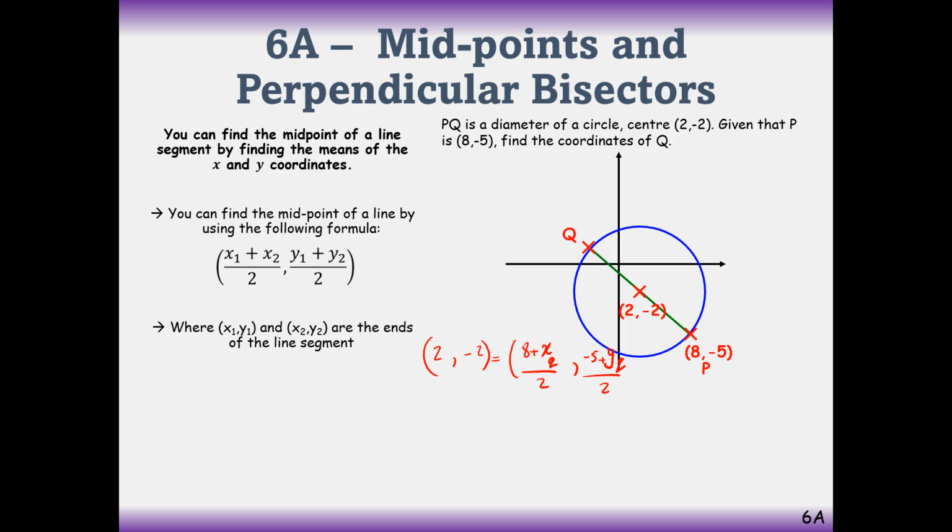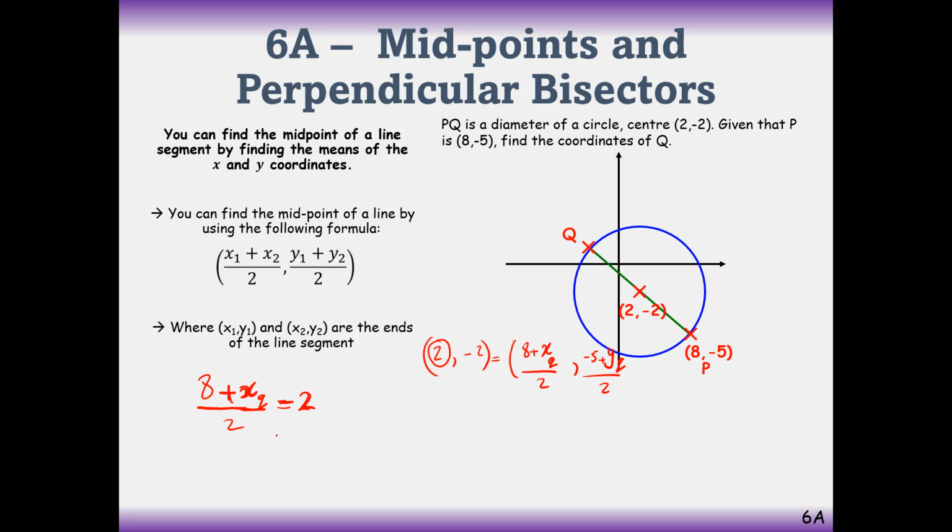So writing them separately, 8 plus x, that's the x coordinate of q, divided by 2 is this 2. Solving this for x is just one variable, one unknown here. Q is just indicating a subscript here.